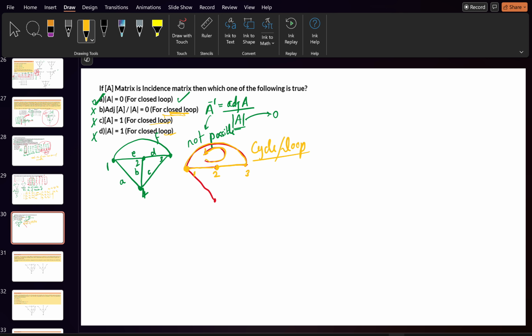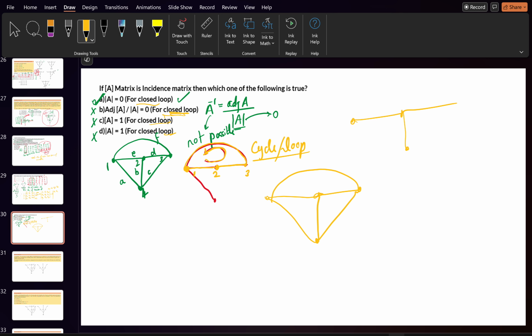If you are not mentioning the closed loop itself, then also you will get the feel of this. Why I'm saying that? Because in the incidence matrix you are forming, all the branches are there. So there itself there are closed loops. If there is no closed loop, suppose you have taken the tree itself, and it is not forming a closed loop, then the incidence matrix you cannot form.